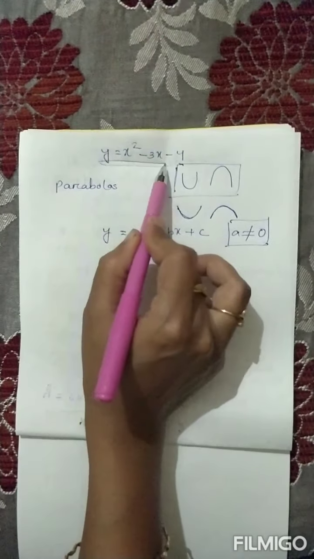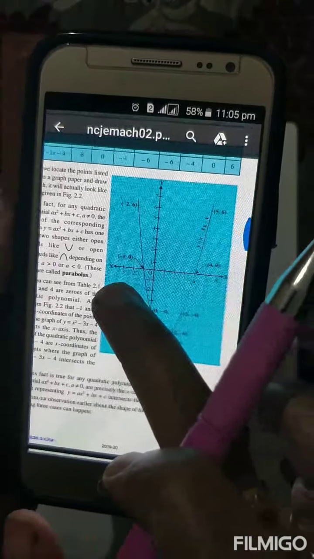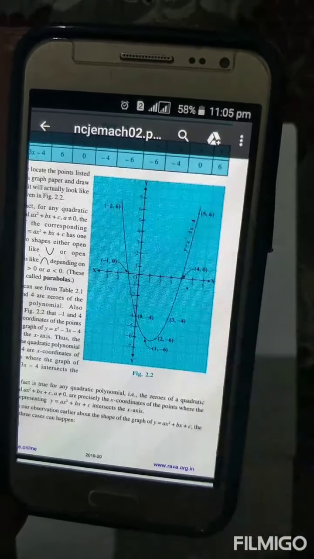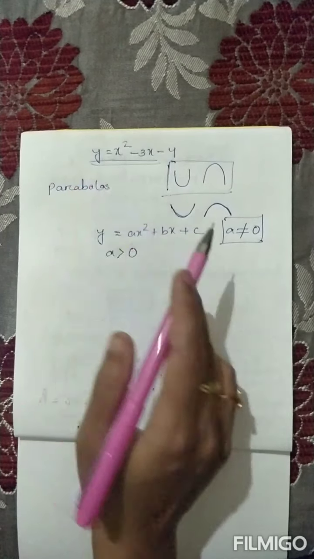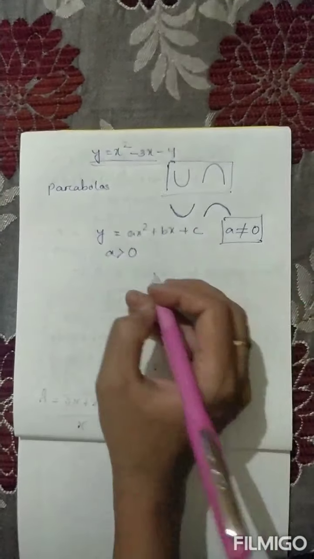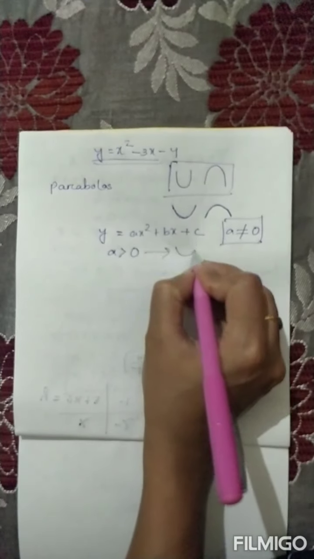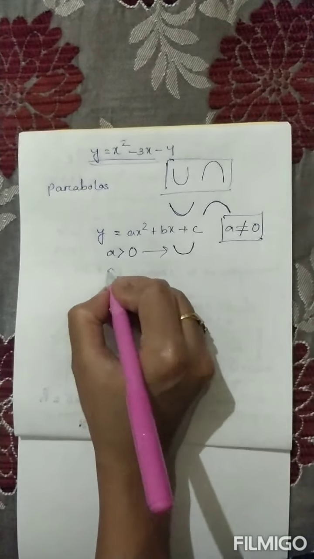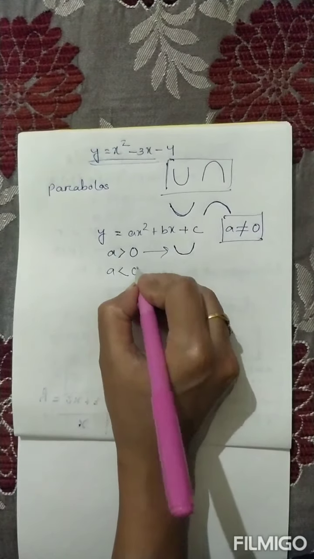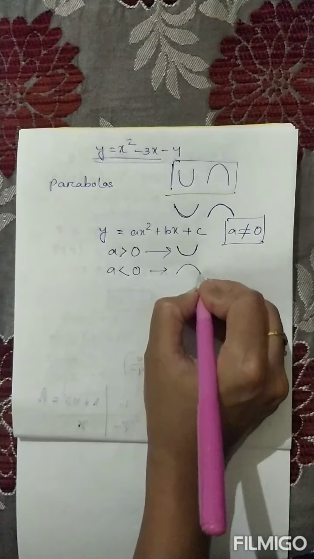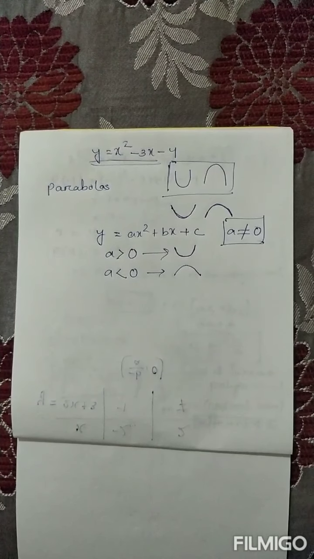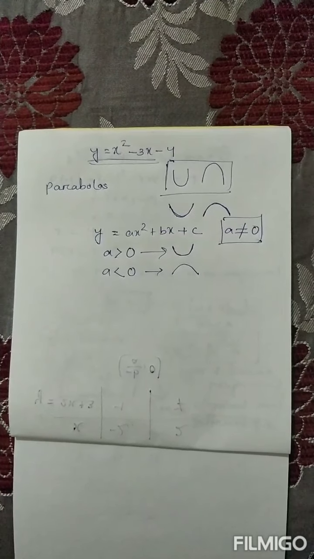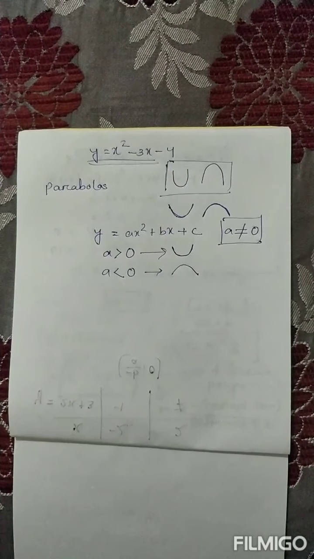Here a is 1, that's why the graph is in this structure. And if a is less than 0, then the graph will be like this. Clear?